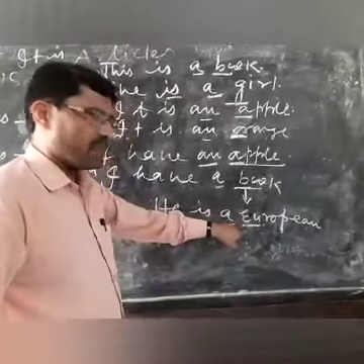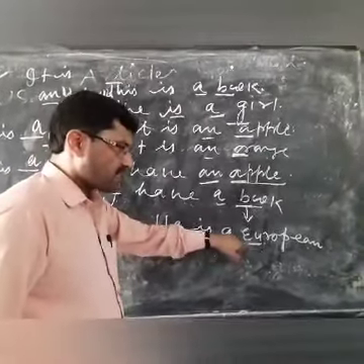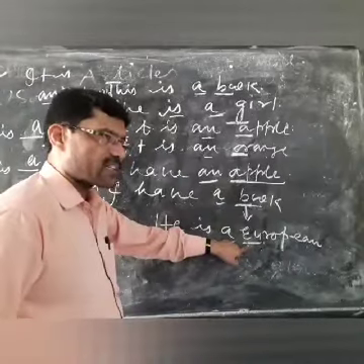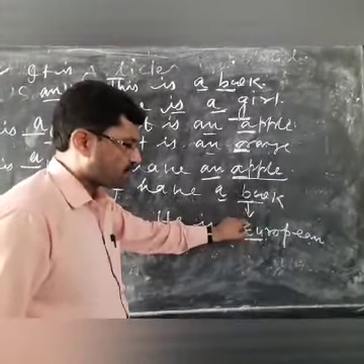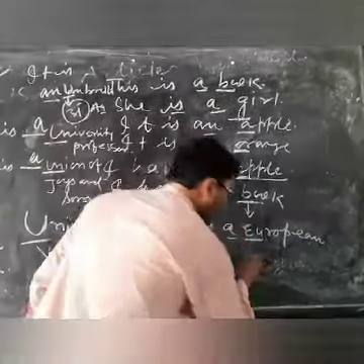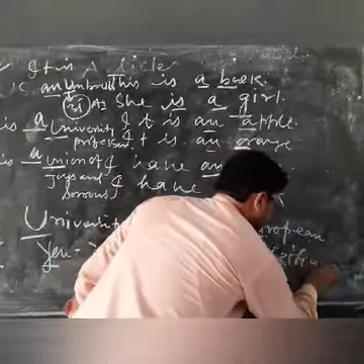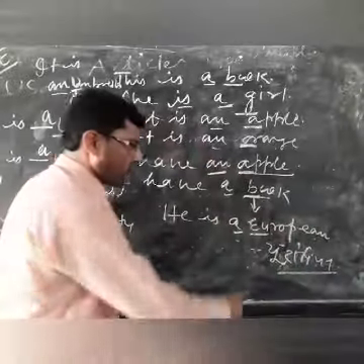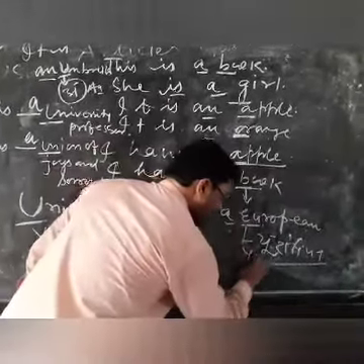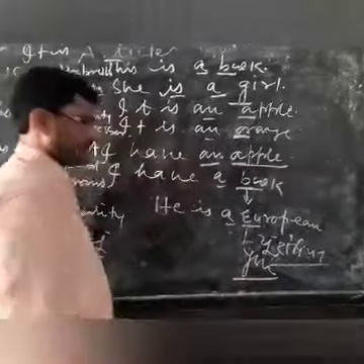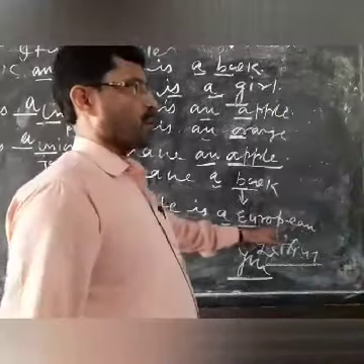E is a vowel, you know, but this doesn't give us a vowel sound. It is a vowel, but it is pronounced as a consonant. European, it is also pronounced as "yu". So he is a European.